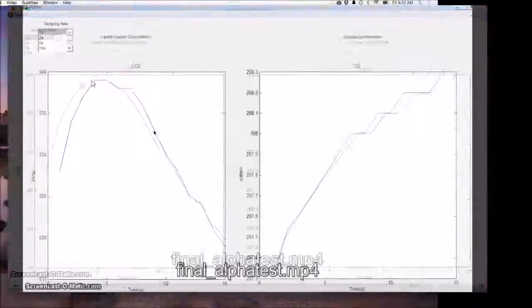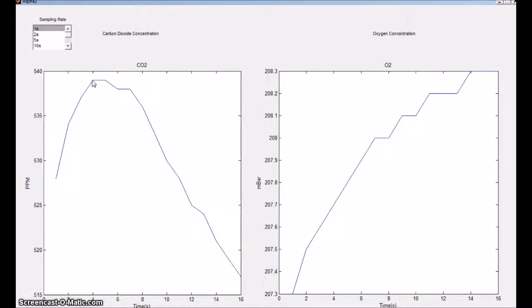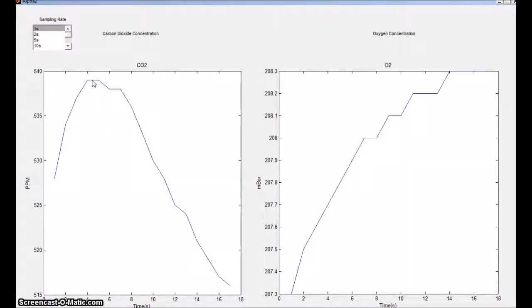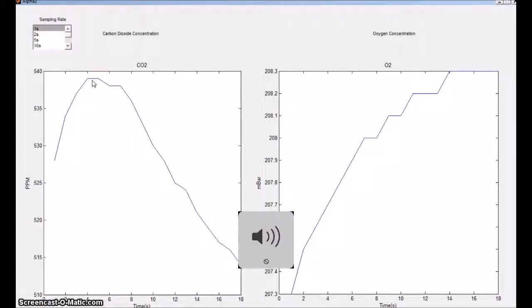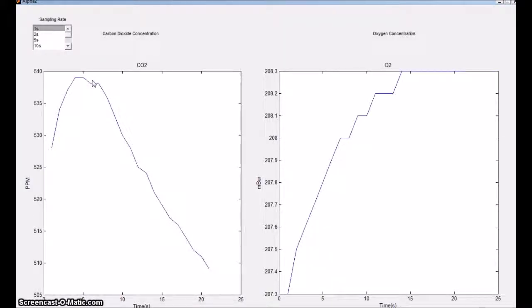This is a demonstration for the Team Alpha 1 tank safety. We have our carbon dioxide and oxygen sensors working right now. Our sampling rate is 1 second. On the left-hand side, we have the carbon dioxide graph measuring in parts per million. And on the right-hand side, we have the oxygen graph measuring in millibars.